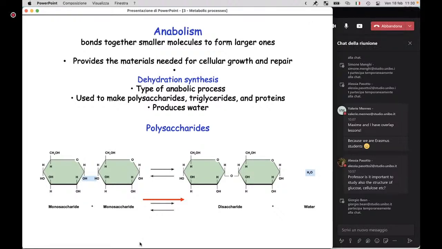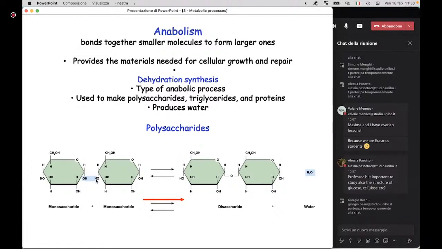And this is an example. When we link together two or more sugar carbohydrate molecules to produce a disaccharide or a polysaccharide, we have an anabolic process. We take small molecules, and if the reaction goes in this direction, from two or more small sugar molecules, we produce first a disaccharide, then a trisaccharide, then a polysaccharide.